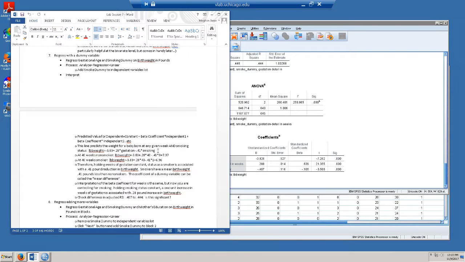If you do the same calculation for a 40-week birth for a smoker, you do negative 3.83 plus 0.28 times 40 minus 0.41 times 1. So we subtract that 0.41 to get the predicted birth weight for a smoker at 40 weeks.